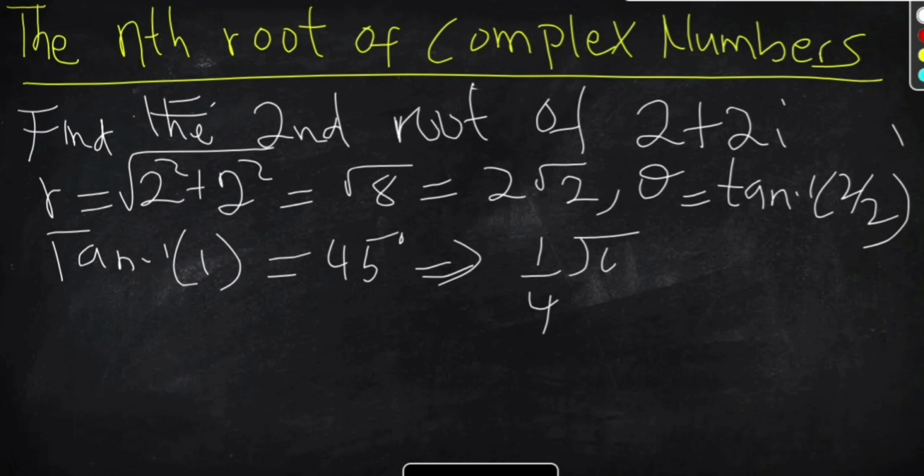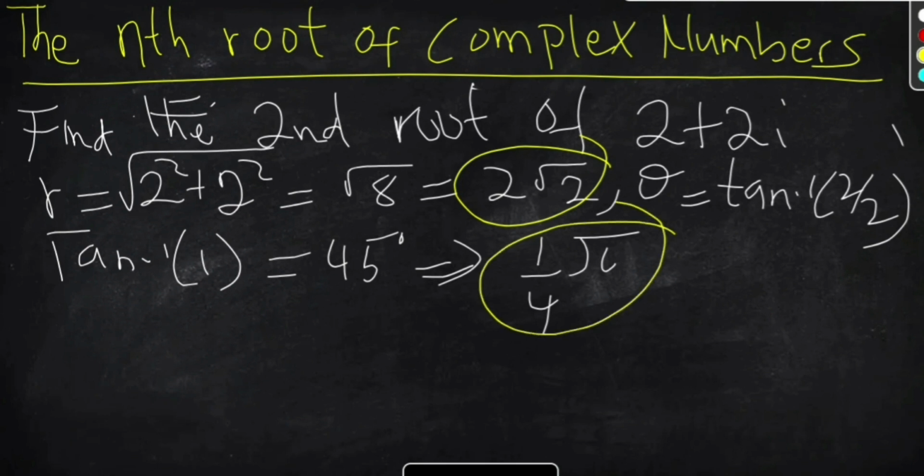We now have our radius to be 2 root 2, and we have our argument to be pi/4. We can go on and substitute this into the given formula.